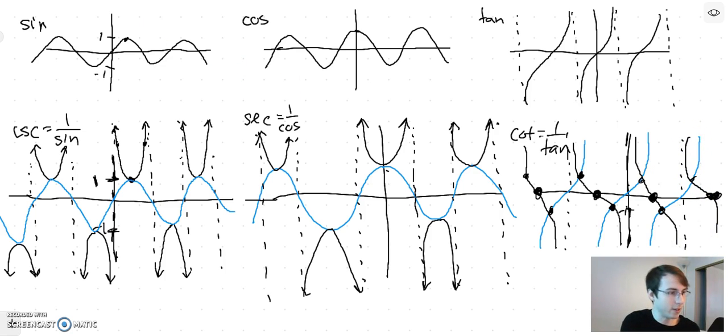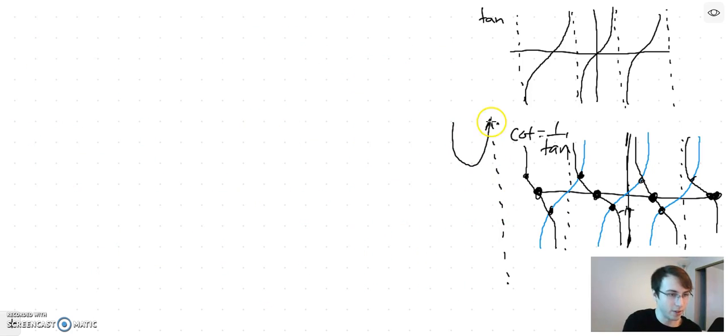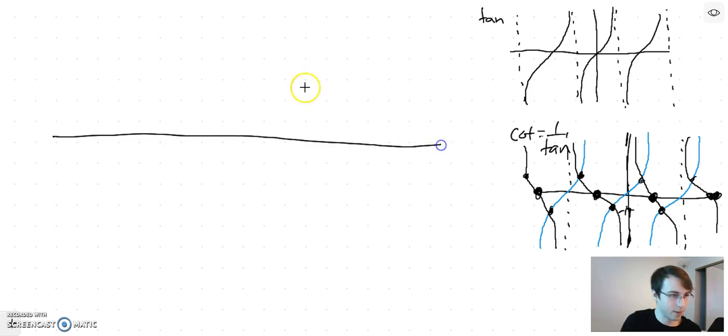So I'm going to get rid of these sine and cosine graphs just so I can draw a better picture of cotangent. So what cotangent looks like then is going to transpose that graph here and make it more clear to read. So there's an asymptote here.